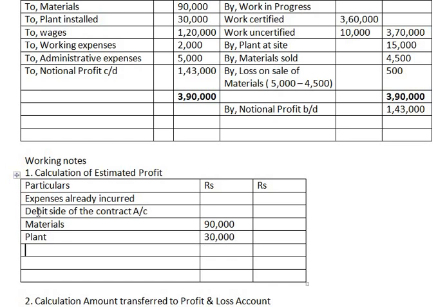Then wages amount is 1,20,000. Next, working expenses amount is 2,000. Next, administrative expenses.